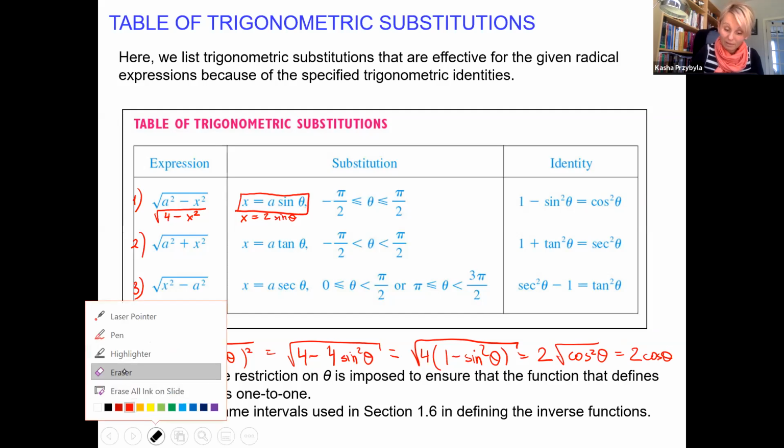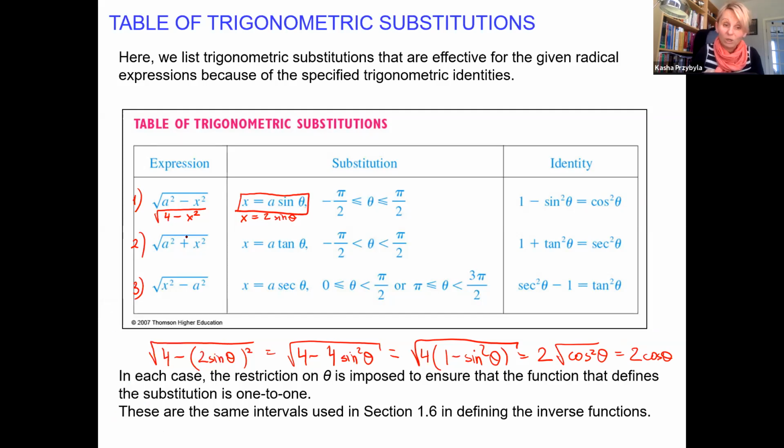Now the second one, when you see a constant plus x squared. Then the same idea. If this is 4, we will have 2. If this is 9, we will have the coefficient 3.